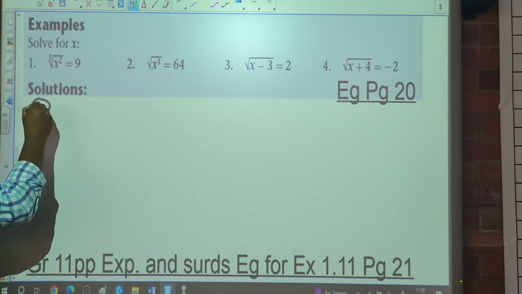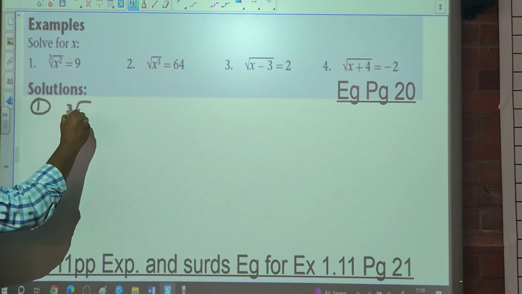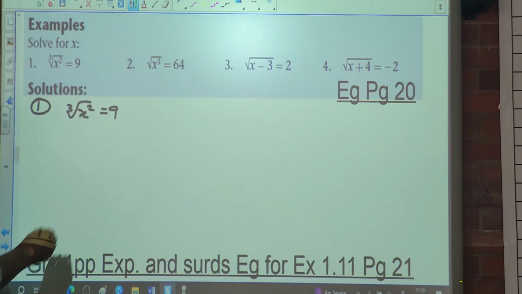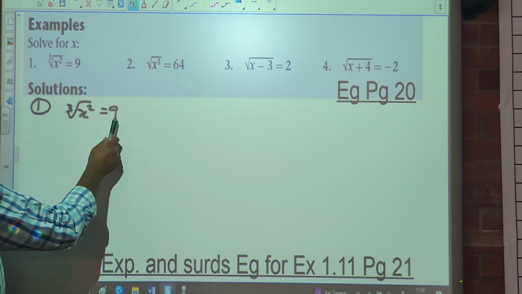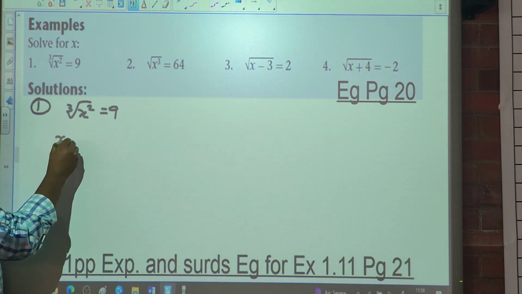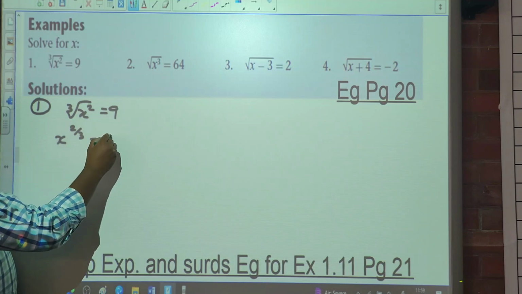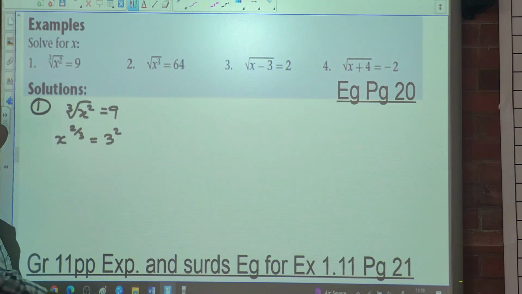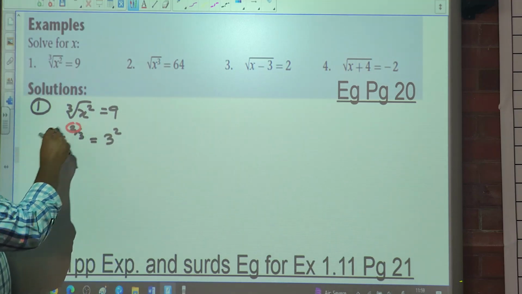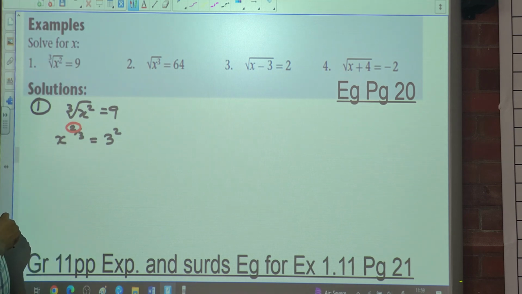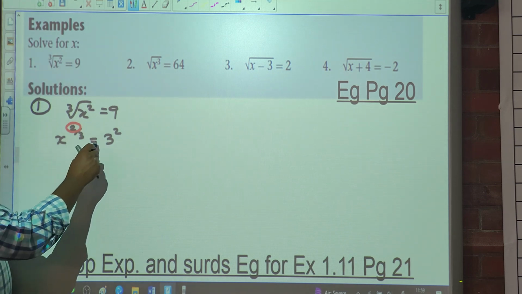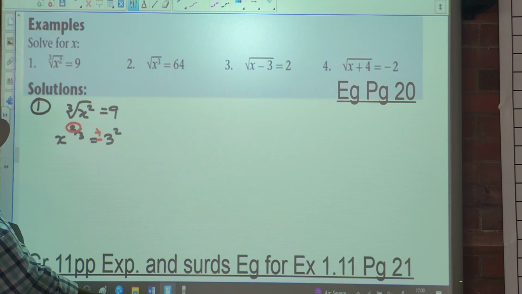So the first sum is the cube root of x squared equals 9. So what can be done first? This can be written as x to the 2 over 3 is equal to 3 squared. So what did we say if the numerator is even? We'll go plus minus.